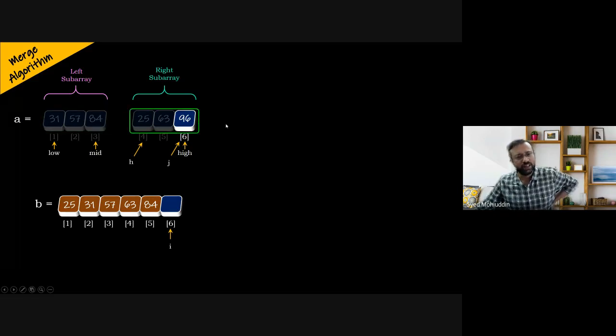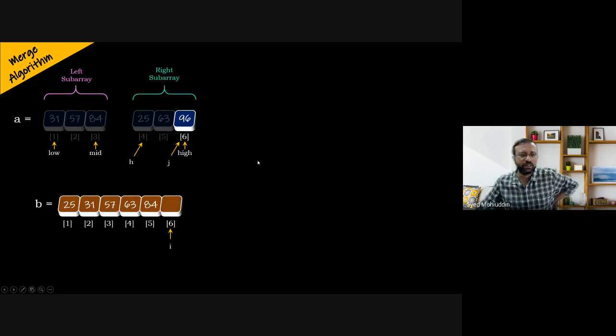Or there may be the case that the j index crosses high, with h at mid. If j crosses high, that means there are no more elements in the right subarray; all the elements of the right subarray are stored in array B. There may be elements left in the left subarray, but in this case it's the right subarray.